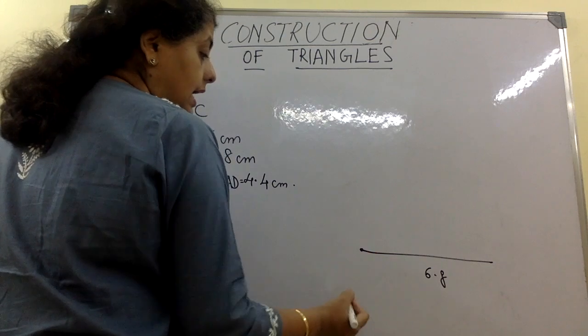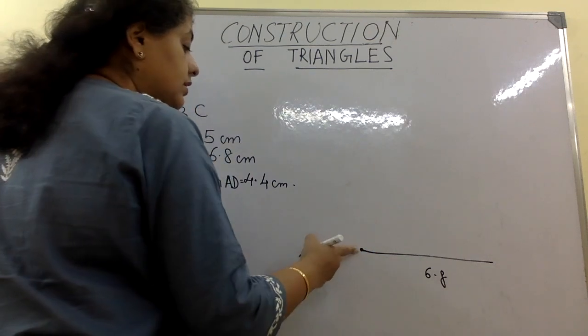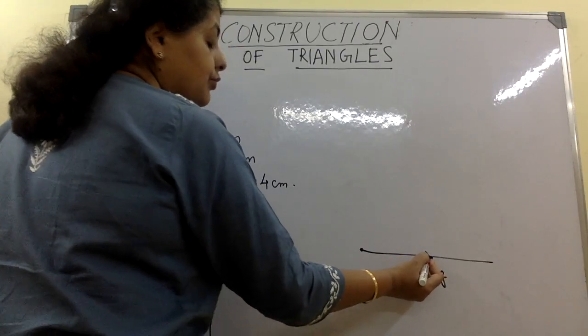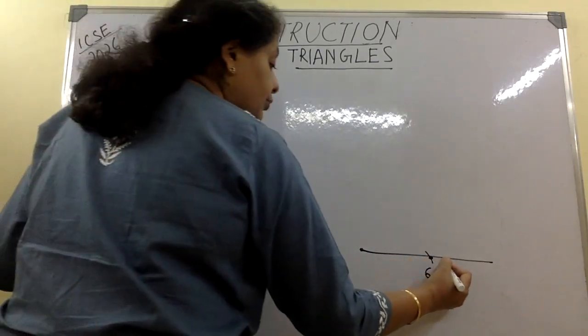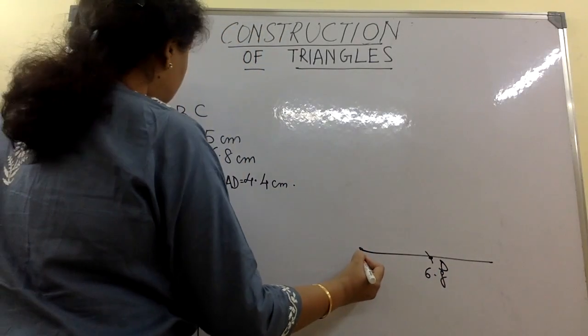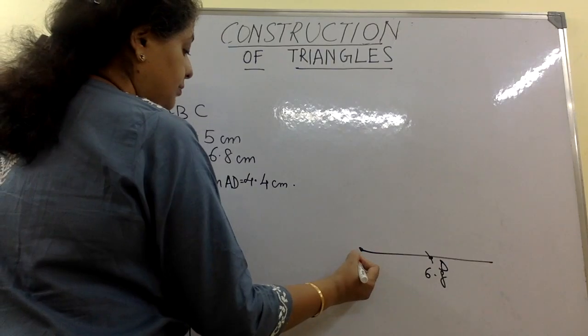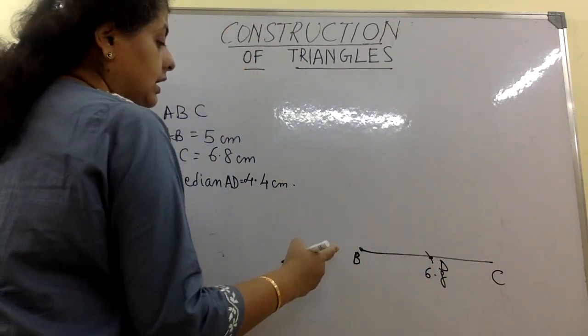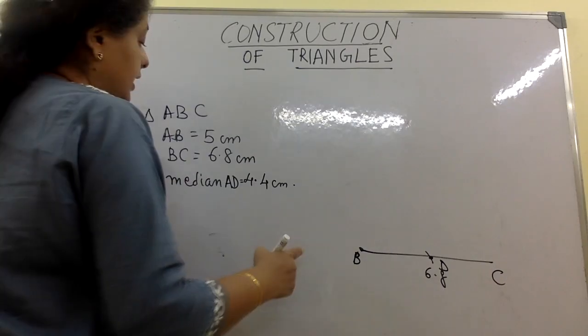And then from here, I can either make a perpendicular bisector or I'll just take 3.4 here. From here at 3.4 I'll cut an arc. This is the point D. This is B and C. Then from B I'll have to make AB.